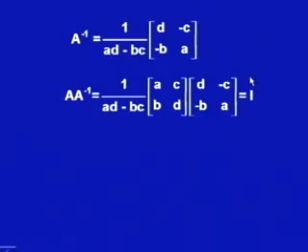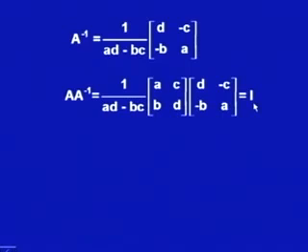The first row, second column is minus AB plus BA, which cancel out to give 0. Similarly, CD minus CD gives 0 in the second row, first column.